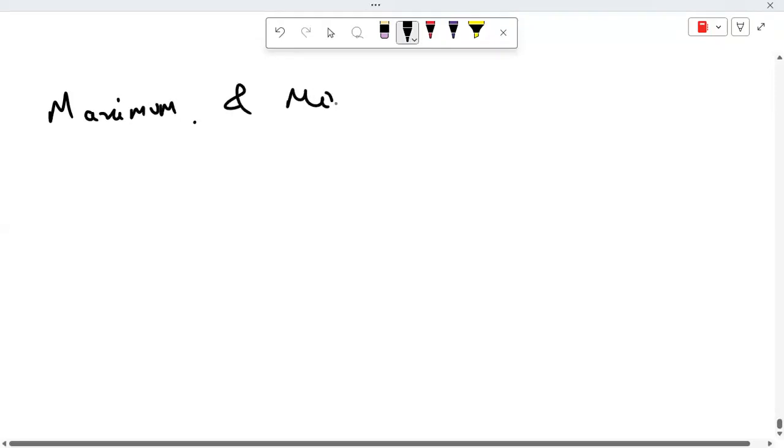Maximum and minimum values. I have already told you about this. We'll just write down a few notes. Values of a function in a closed interval.